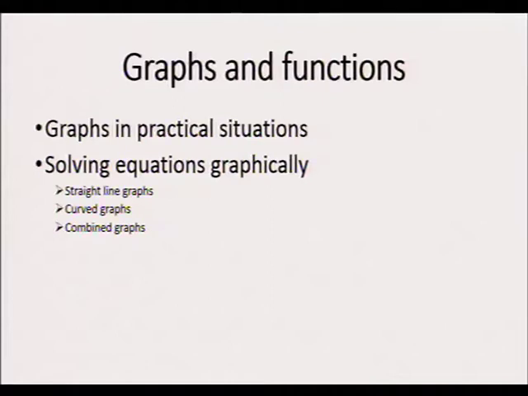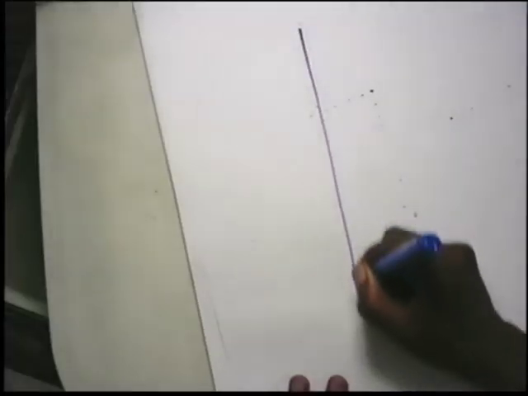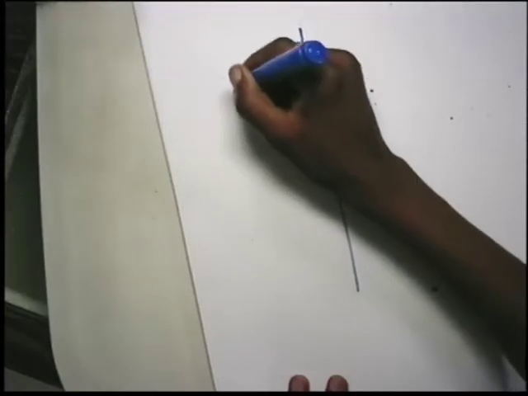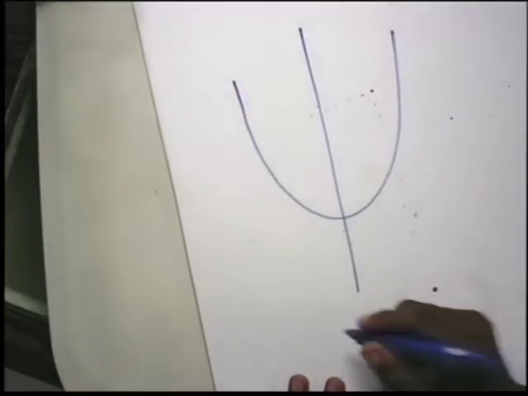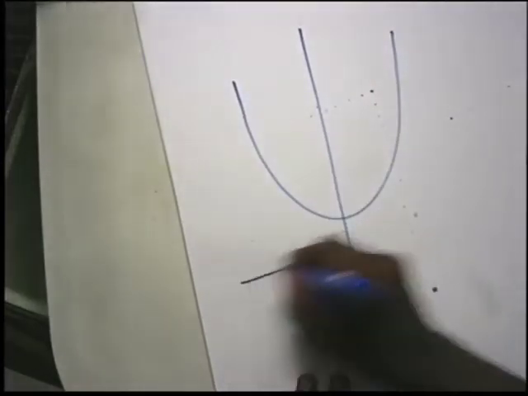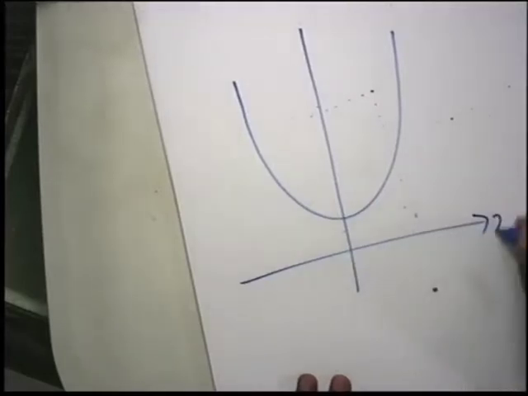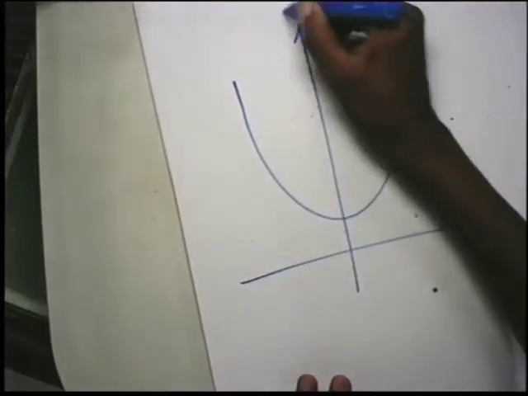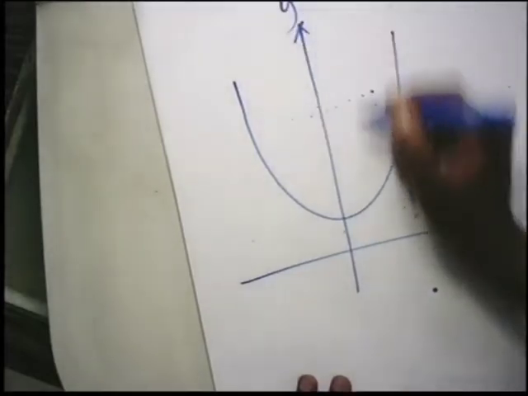Now combined graphs, again you should be able to solve combined graphs or equations of combined graphs. So for example, if you have a parabola, this is x, that is y.